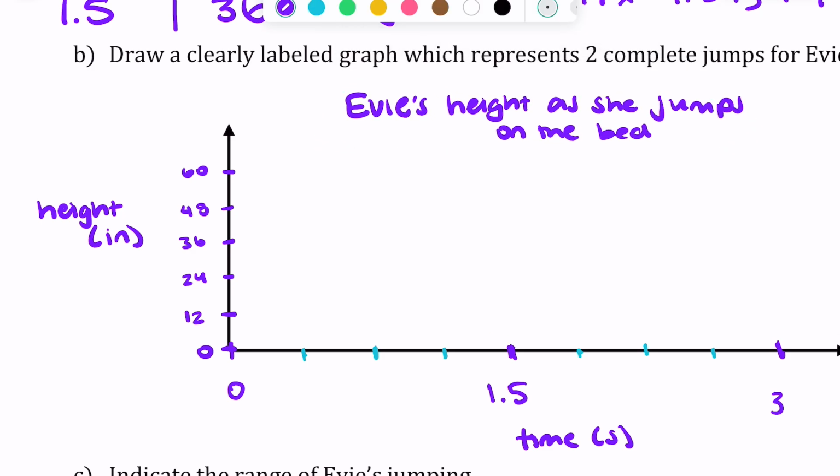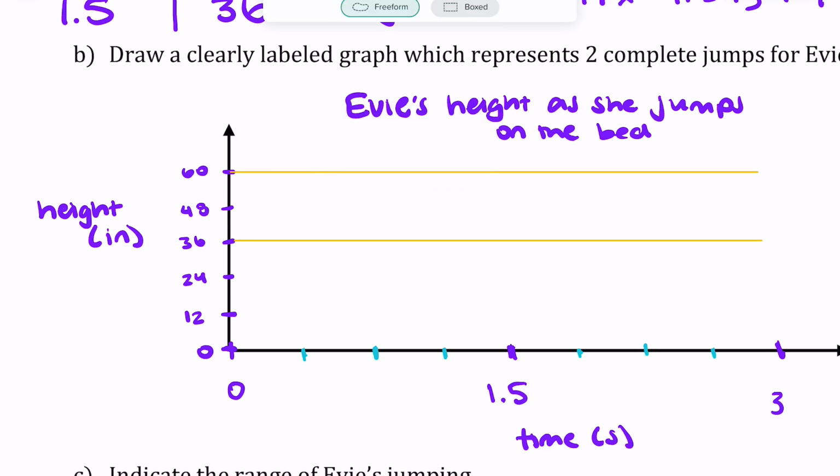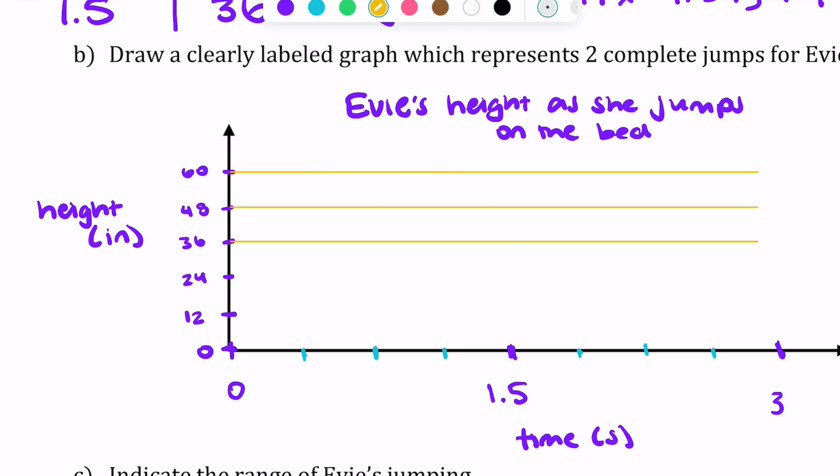I'm going to draw some grid lines, specifically grid lines for the values that I'm going to use the most. So I'm going to use the min quite a bit, the max a decent amount, and the midline a decent amount. So I'm going to use those as my grid lines.